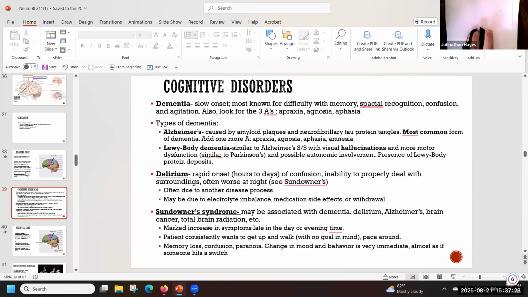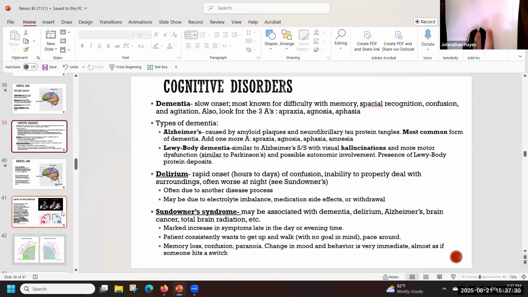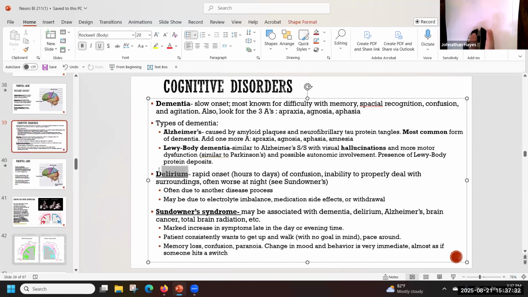Nothing new to really talk about there. Let's go back real quick. If delirium is happening in a person that you would not expect it to occur in, most likely they have some type of dehydration, electrolyte imbalance, or they just recently changed their meds.